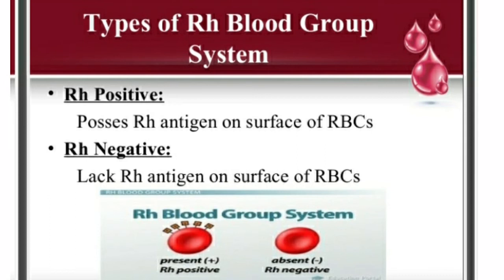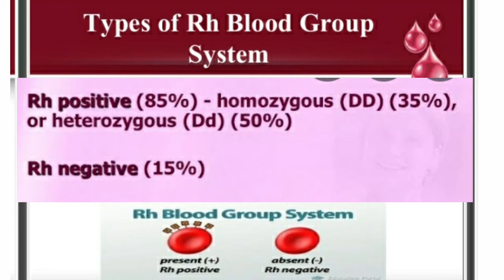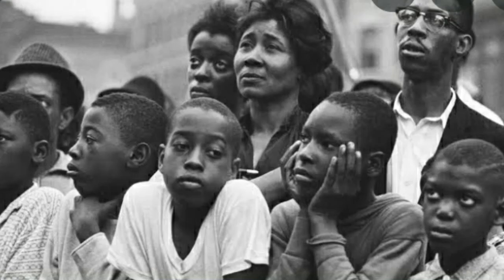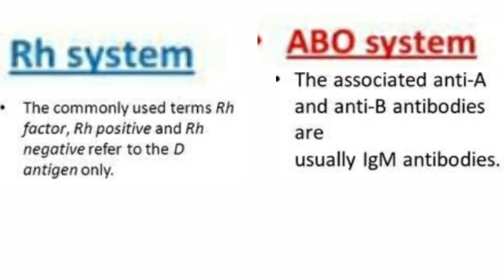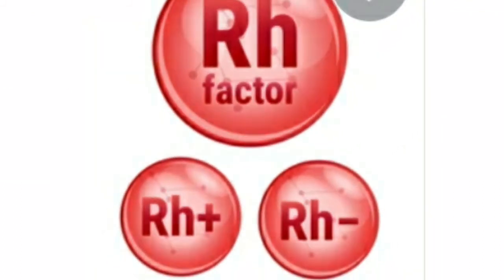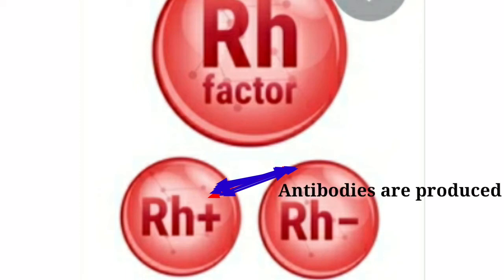Among the Indian population, 85% of the people are Rh positive and 15% are Rh negative. The percentage of Rh positive people is more among black people. Rh group system is different from ABO group system because the antigen D does not have a corresponding natural antibody. However, if Rh positive blood is transferred to an Rh negative person, antibodies are developed in that person.